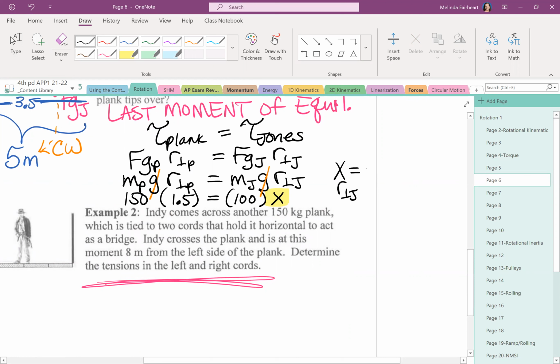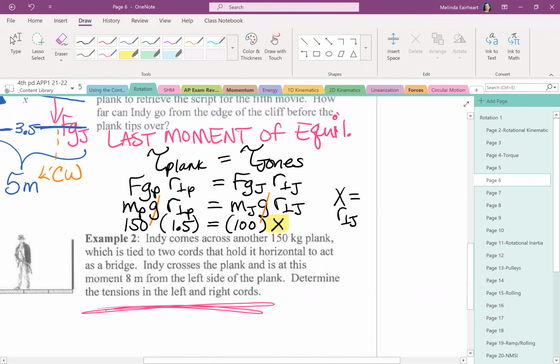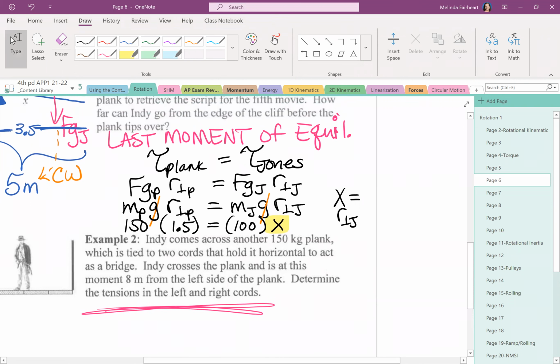How far out can Indiana Jones walk and not tip over? And don't try and use the little grid lines on the Planck to guesstimate, okay? You want to prove your physics.